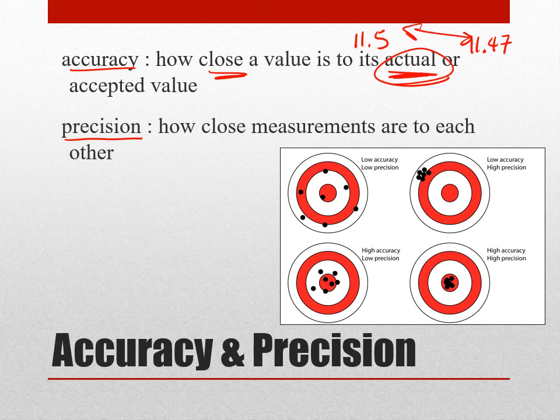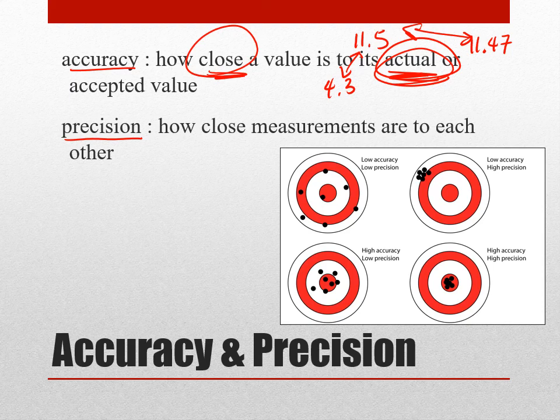Those are pretty close, so your value is accurate. What if you found the density of silver to be like 4.3? Whoa, not very close, not accurate at all. So again, we take our accepted, the real value of something, and compare our data to that. If it's close, then it's accurate. If it's not close, it's not accurate.